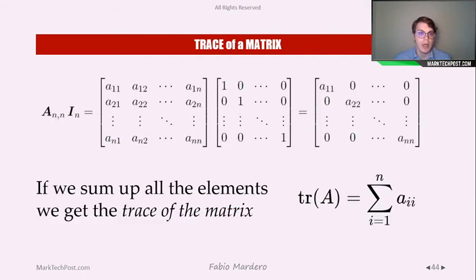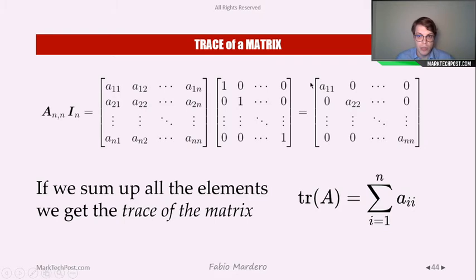With the identity matrix, we can introduce a new concept, the trace of a matrix. This concept will be used in further courses. So we take a matrix that, remember, needs to be square. We multiply it, with the multiplication between matrices, with the identity matrix. So the result is pretty simple.